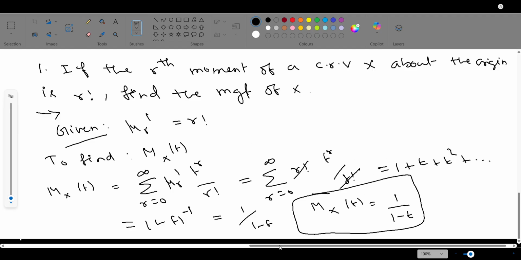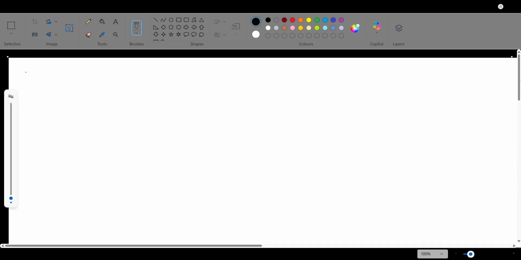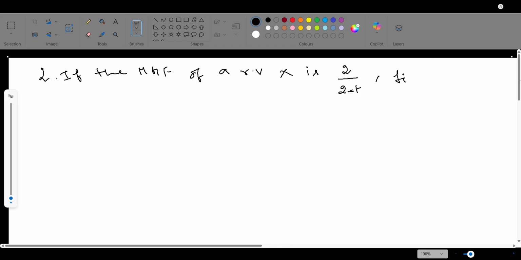Now we can solve one another problem. Second question: if the MGF of a random variable X is 2 by 2 minus t, find the standard deviation of X. What is given?